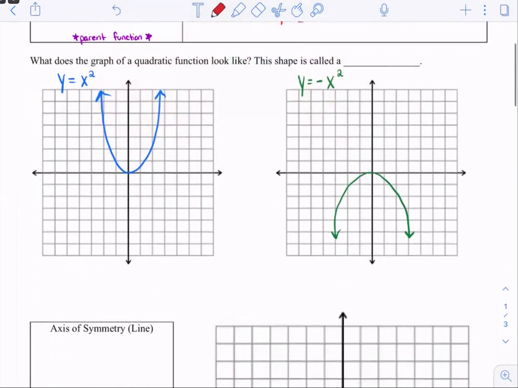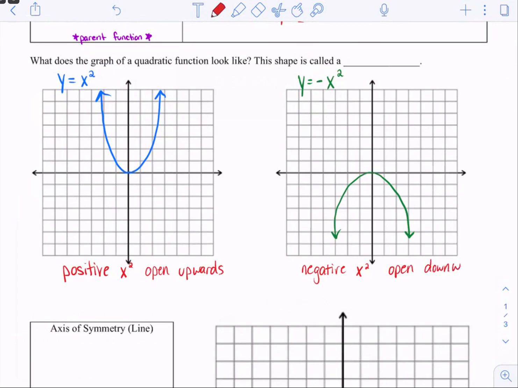So when it's positive x squared, it's open upwards. And then when it's a negative x squared, it's open downwards.